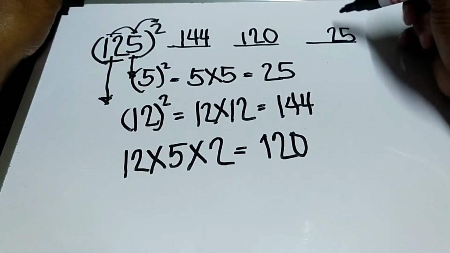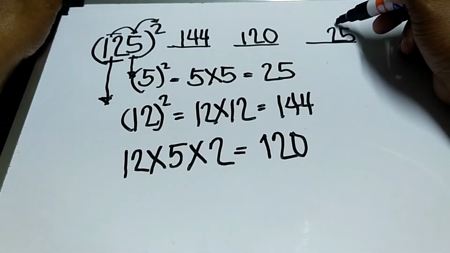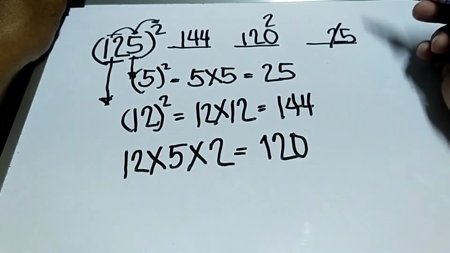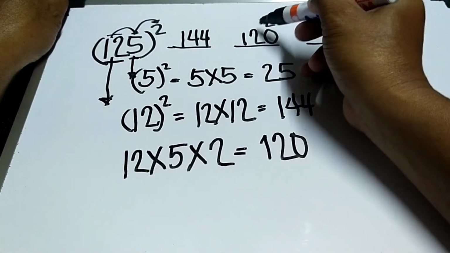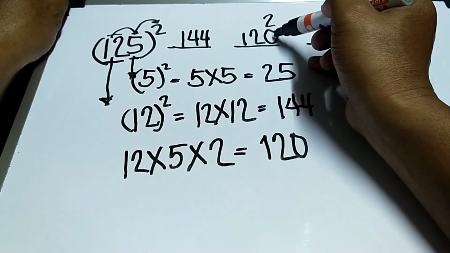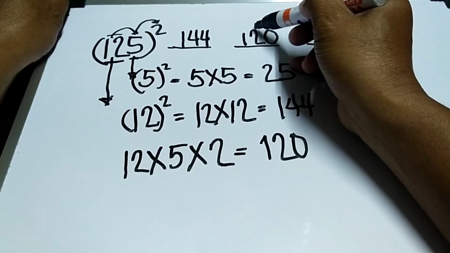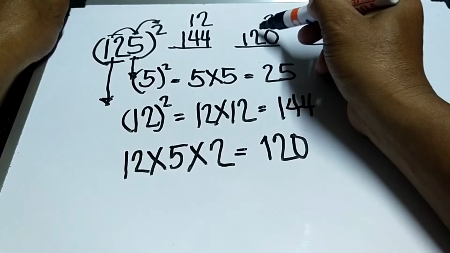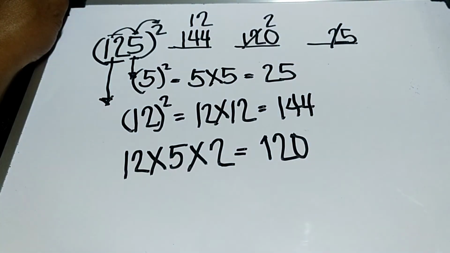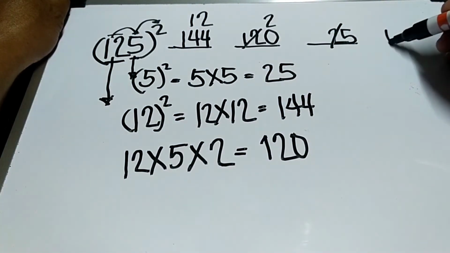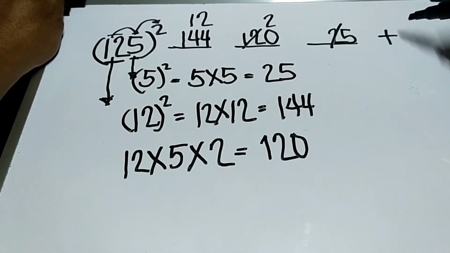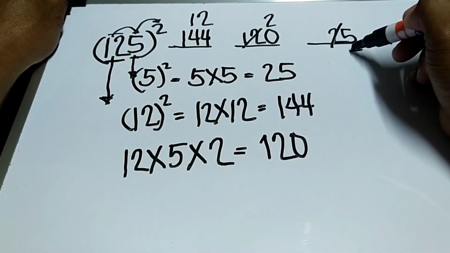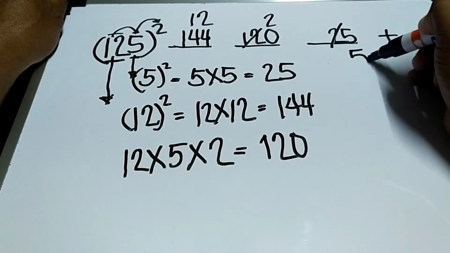Okay? So now we carry over 2 over here, then cancel out 2. Okay. Then 120 remained 0. Carry over 12 over here, then cancel out 12. Okay? Therefore, now we proceed to addition. Okay? Therefore, bring down 5.